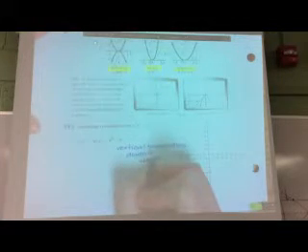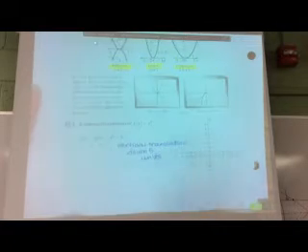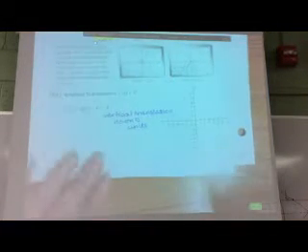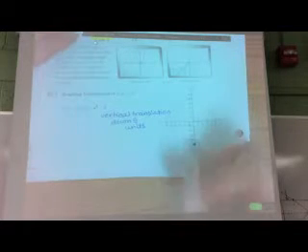So this is a vertical translation down 5. Now, because we know how y equals x squared is drawn, we know how this is going to be drawn. So if we move our vertex down 5 units, where do you think it lands? Right there. All right, so that's our vertex.